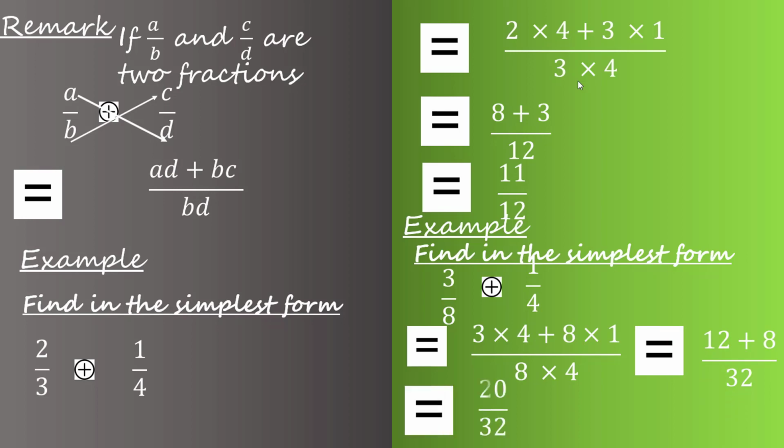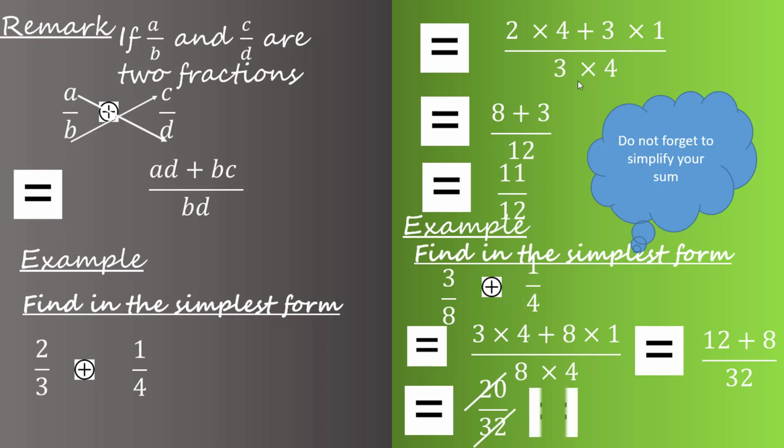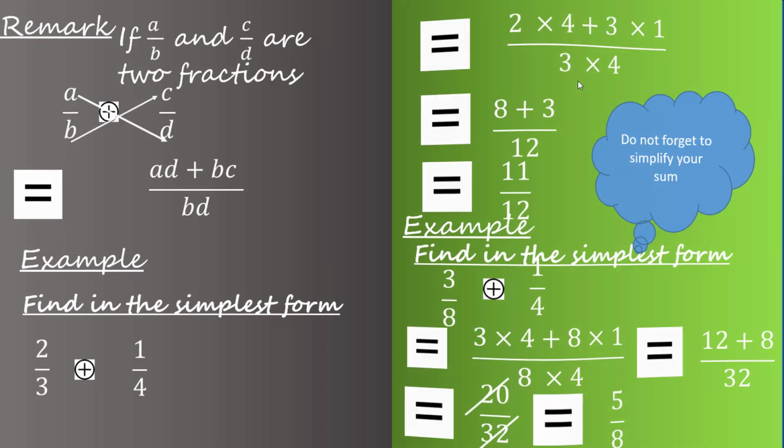So it will be 20 over 32. Look, 20 over 32 is not in the simplest form. We can divide by 4. So don't forget to simplify your sum. So dividing by 4, it will be 5. And dividing by 4, it will be 8. So the simplest form is 5 over 8.